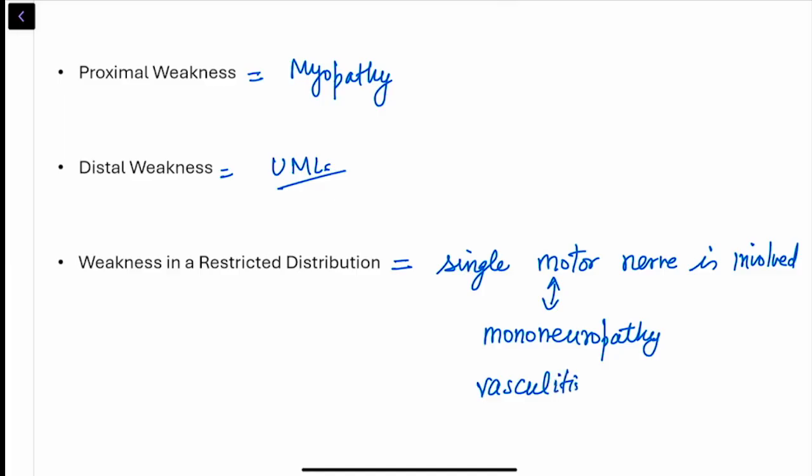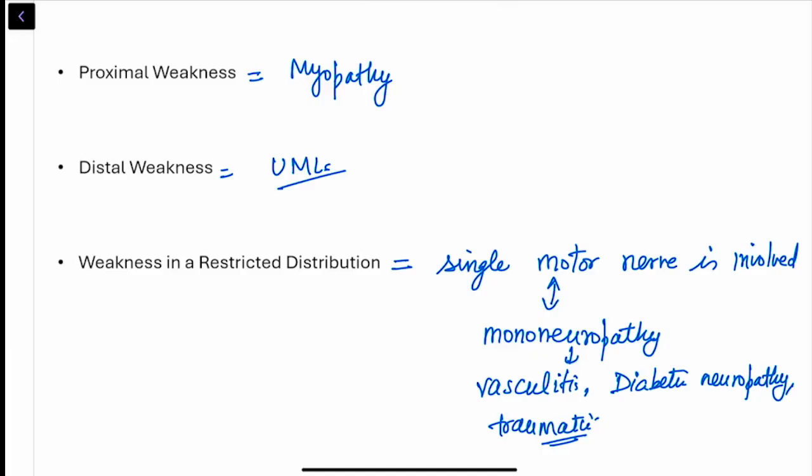It can be diabetic neuropathy, or it can be traumatic. Right. In this case, a single nerve will be involved, and all the muscles supplied by that single nerve will be involved, and it will cause weakness.